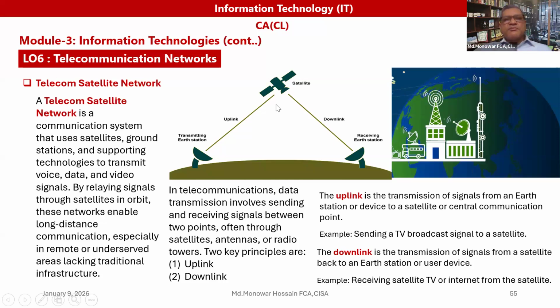From this point, we transmit data to the satellite, for example, sending a TV broadcast signal. And from here, receiving the satellite data, for example TV or internet, is the downlink. So uplink and downlink can be an MCQ.